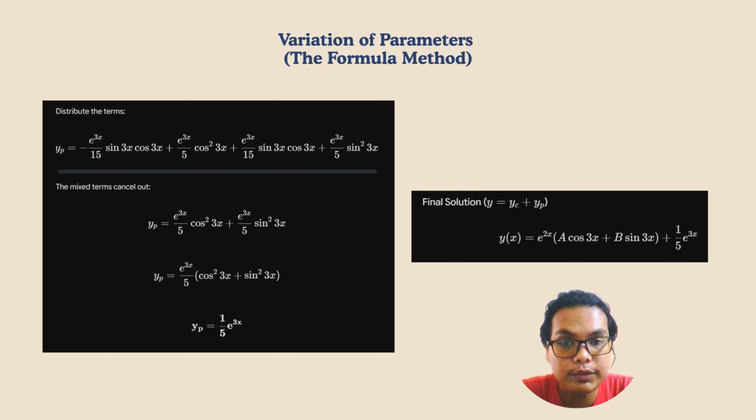So the final solution will be y(x) equals e^(2x) times (a cos 3x plus b sin 3x) plus 1/5 e^(3x).